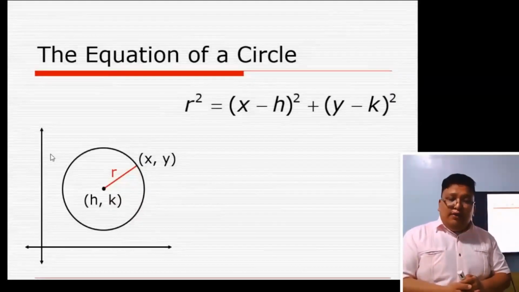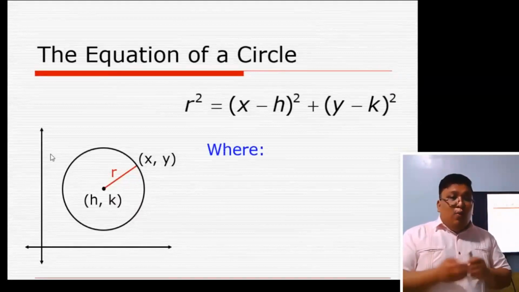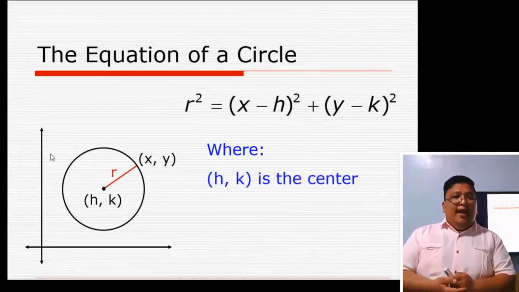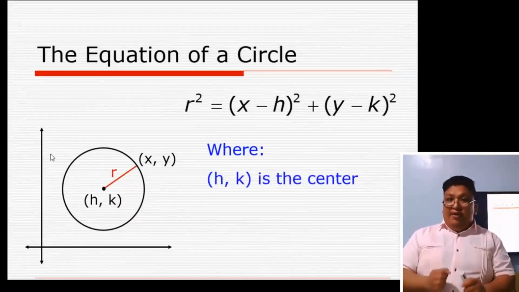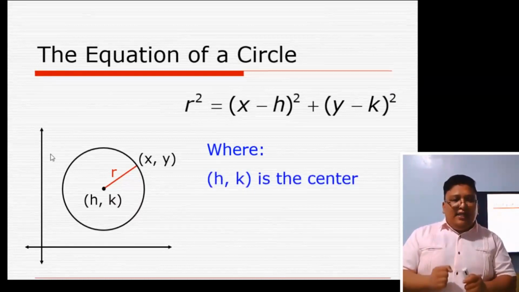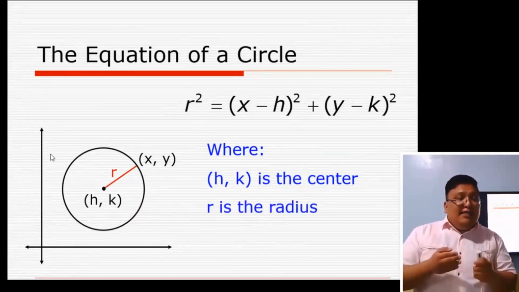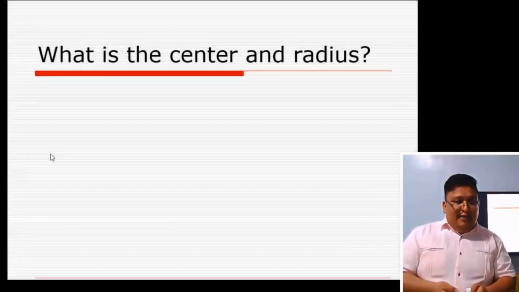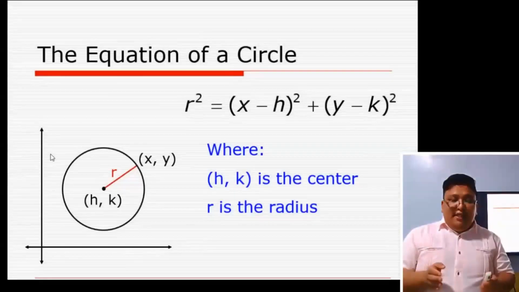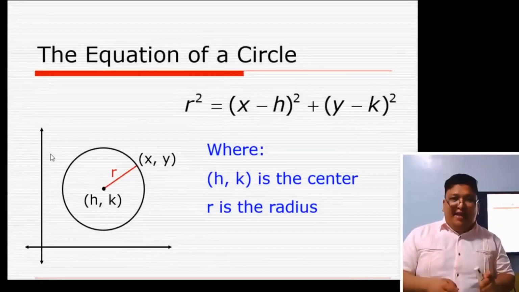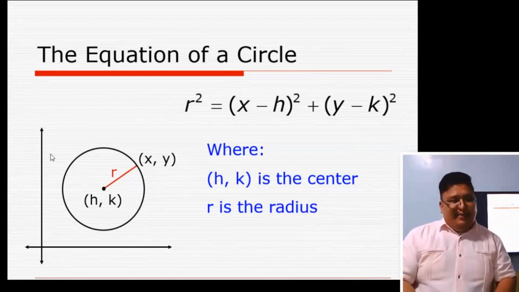Okay, that will be our equation of the circle, where (h, k) is our center. Remember that. (h, k) is the center from this equation, and we have r as our radius, and of course, (x, y), which is any point on the plane on the circle.